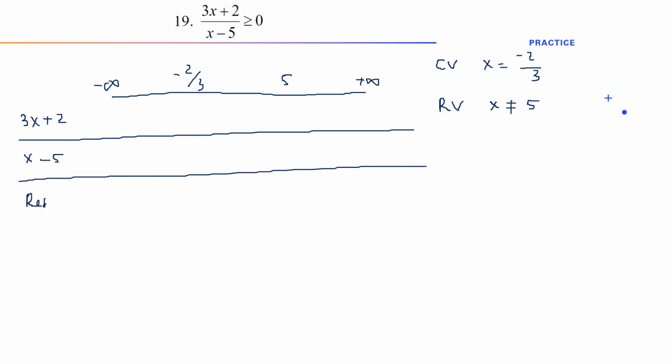Then the result: this one will make it 0, this one will make it undefined. This one makes the result 0. Now we choose the test numbers.